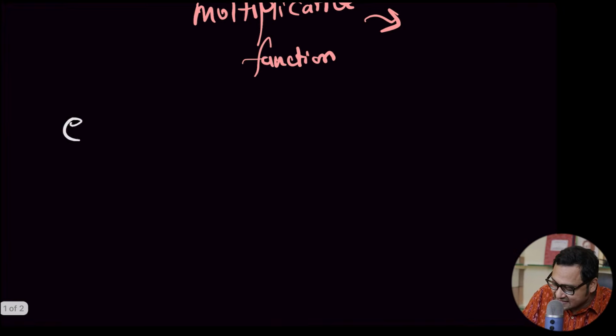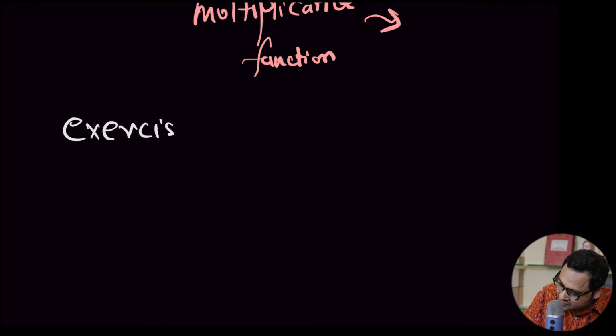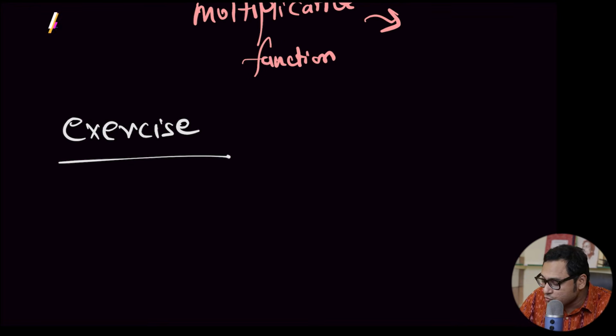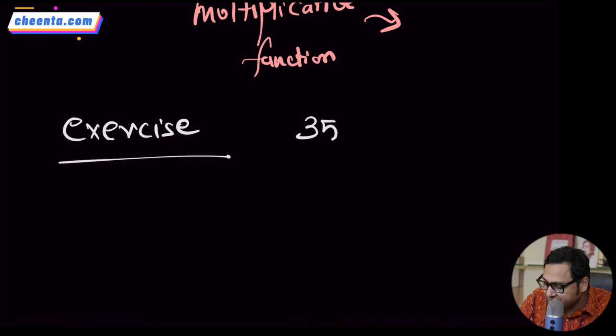The Mobius inversion says that if you can factorize f in terms of g, then you can factorize g in terms of f. That is the Mobius inversion formula. We are not there yet, but the question is, why does it work? Will it always work? So here is a little exercise. Try this with 35.